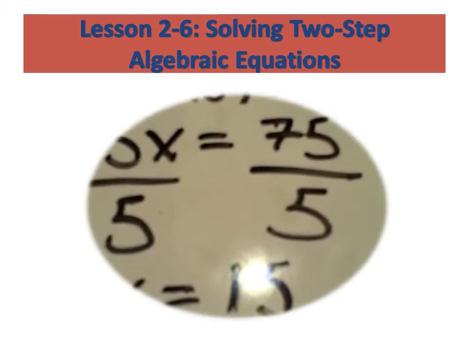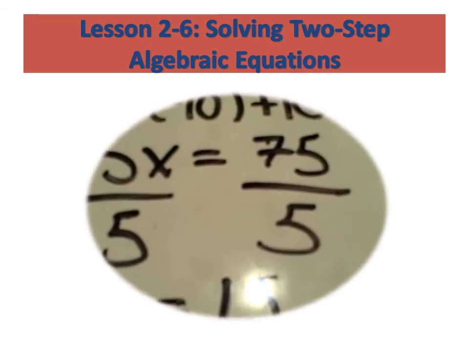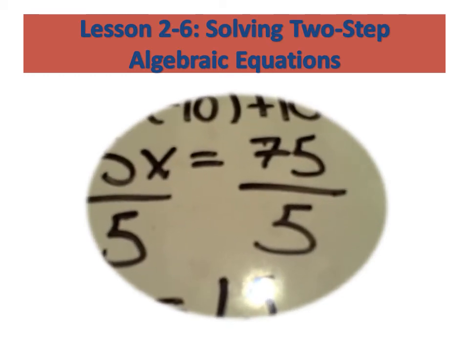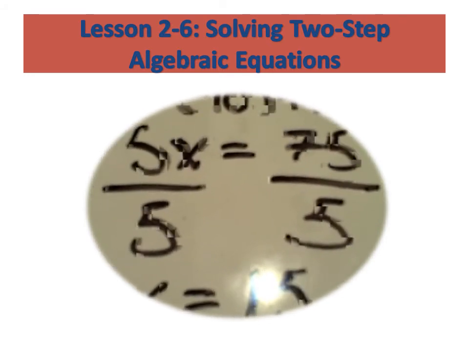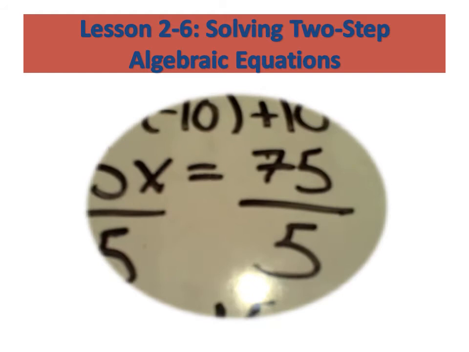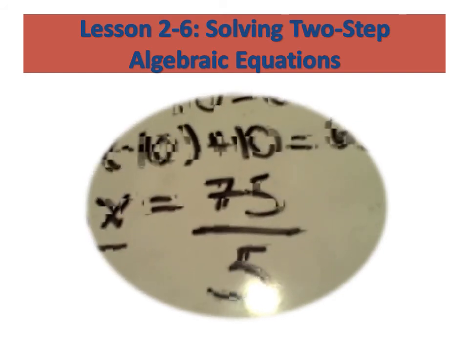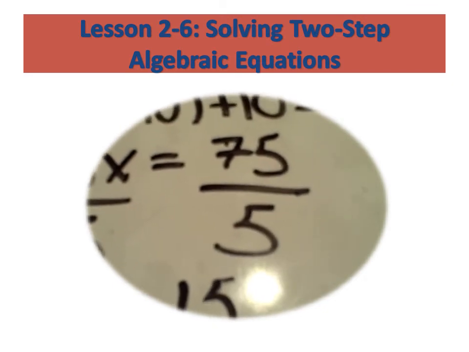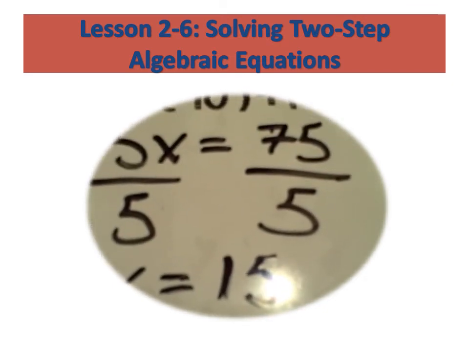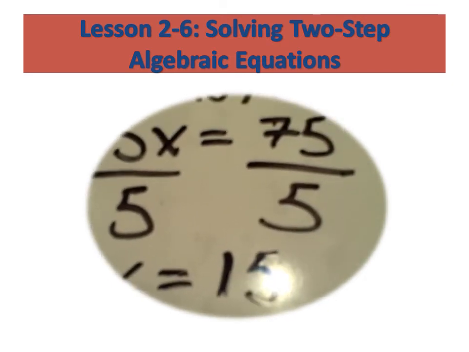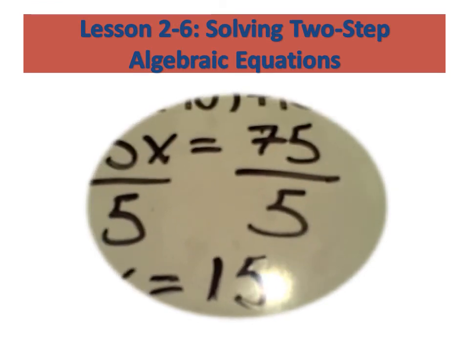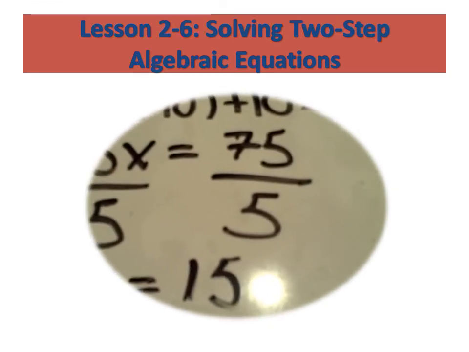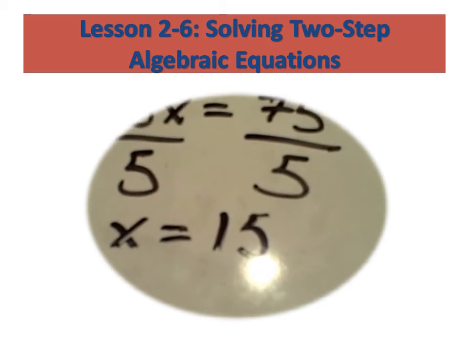So you divide by 5 because x is being multiplied by 5, and the opposite is dividing by 5. 65 plus 10 is 75, so you also divide that by 5 to keep both sides balanced. 5x divided by 5 is x, or 1x, and 75 divided by 5 is 15.